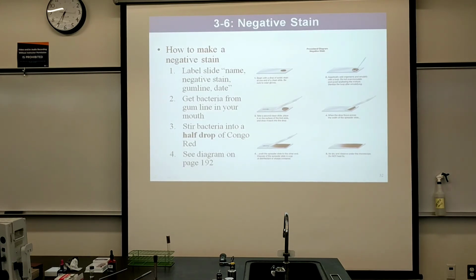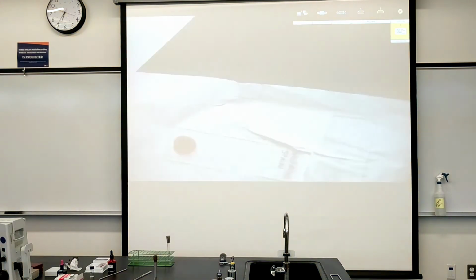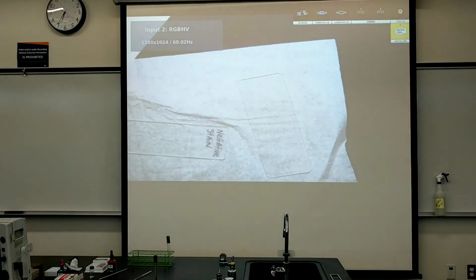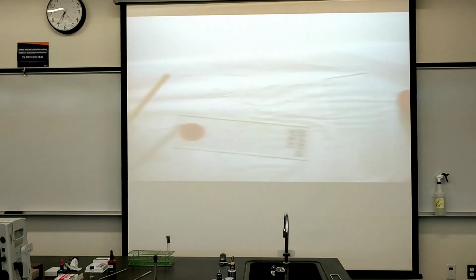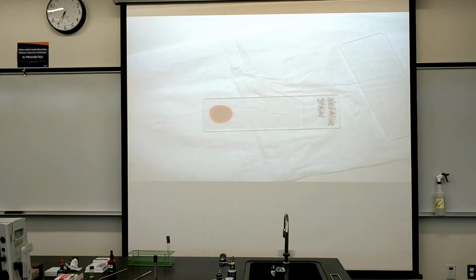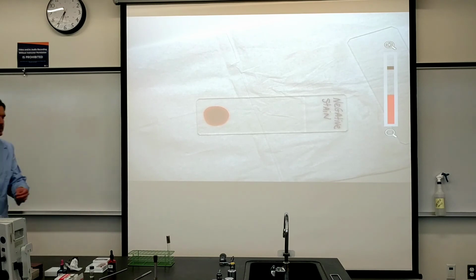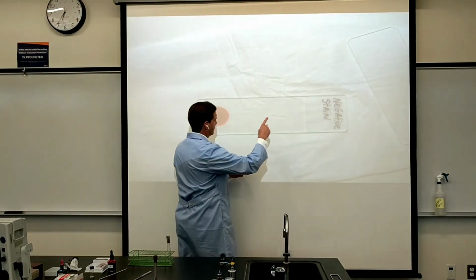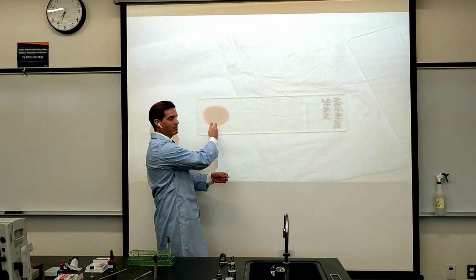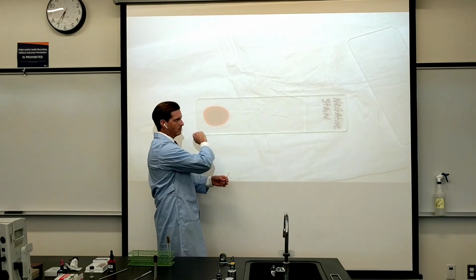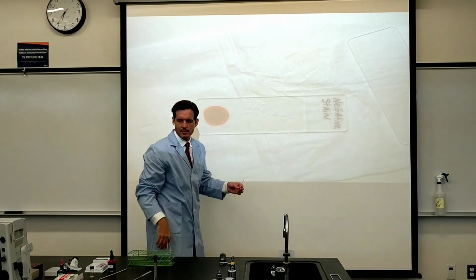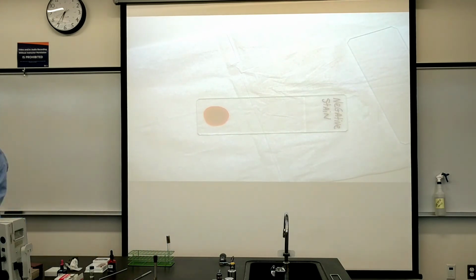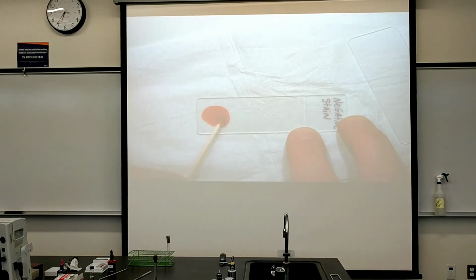Okay, so we'll switch over to the document camera. Let's get a good close-up of that so you can see that I have it labeled negative stain. I put my half a drop of Congo Red. It looks like more than half a drop, but I think it'll be the right amount. And what I'm going to be using is my toothpick, or in this case, the sterile end of a wooden stick on a swab, and stir that in.